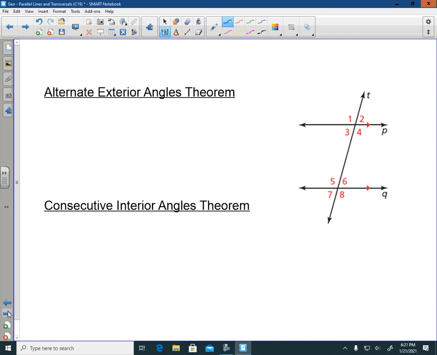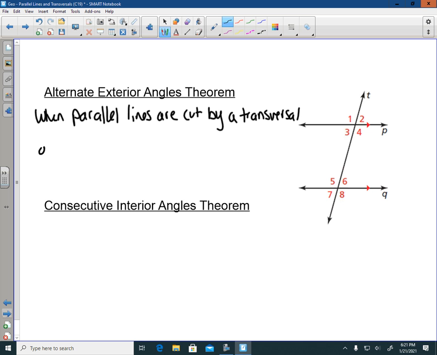Let's take a look at alternate exteriors. Again, when parallel, very important, lines are cut by a transversal, alternate exterior angles are, let's see, alternate exterior angles.